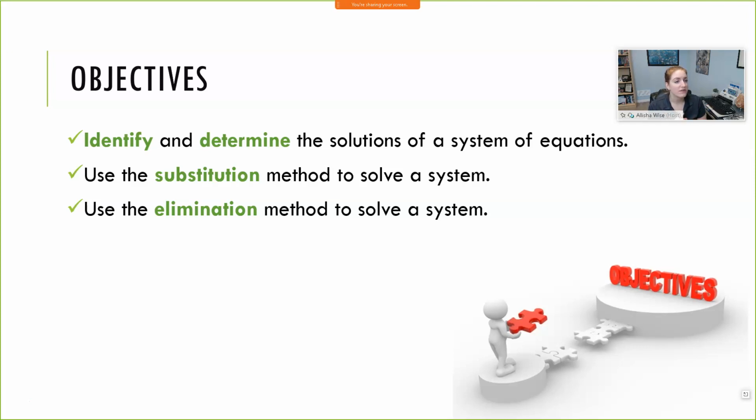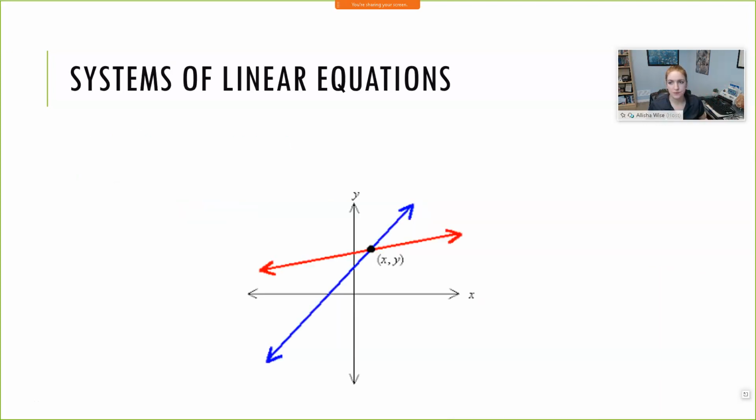And we're going to solve this system of equations using the substitution method and the elimination method. Both methods can be used on either type of system. However, there are ideal times when you're going to want to use substitution, and ideal times you're going to want to use elimination. And I'm going to talk about that. So make sure you concentrate on those two things.